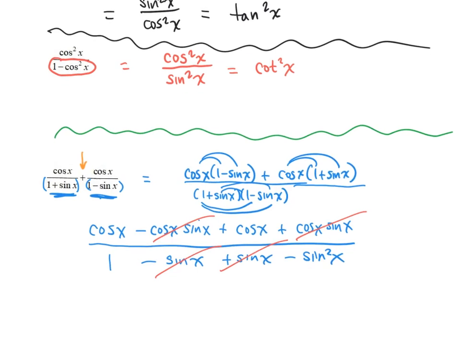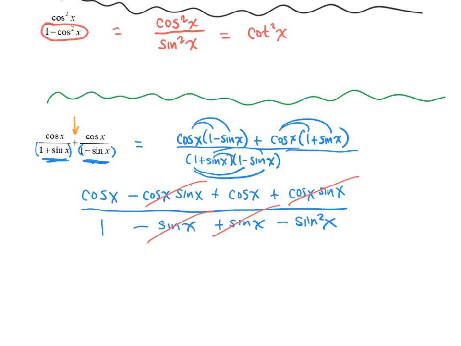So now let's see what we end up with. Well, we end up with 2 cosine x on the top because I just have 2 of the same terms added. And on the bottom, I have 1 minus sine squared x. But 1 minus sine squared x is cosine squared x. That's one of our rewrites that should be under your Pythagorean identities. So we get 2 cosine x over cosine squared x.